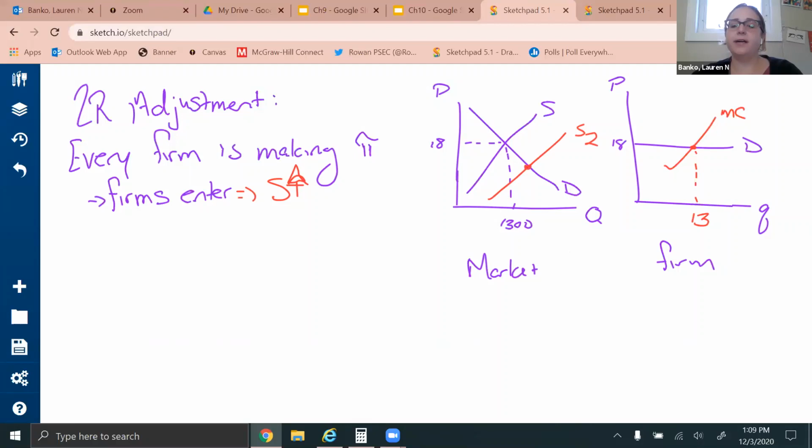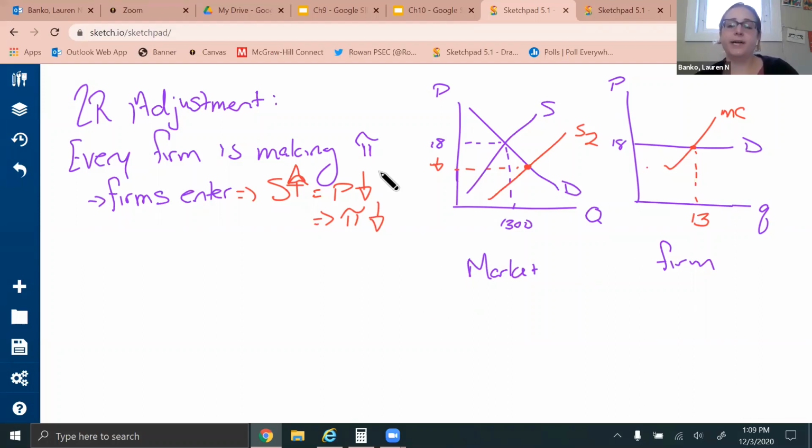And when we have a higher supply, our price in the market is going to fall. I didn't give you a new supply, but our price is going to fall in general. And that's also going to cause our profits to fall for every firm.